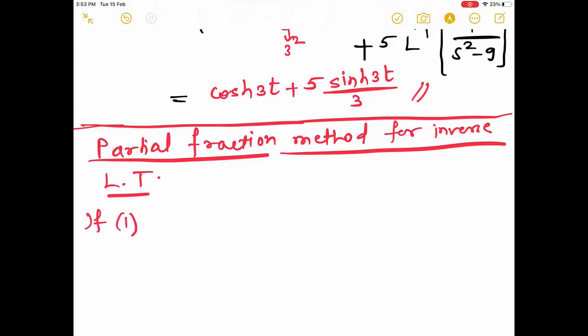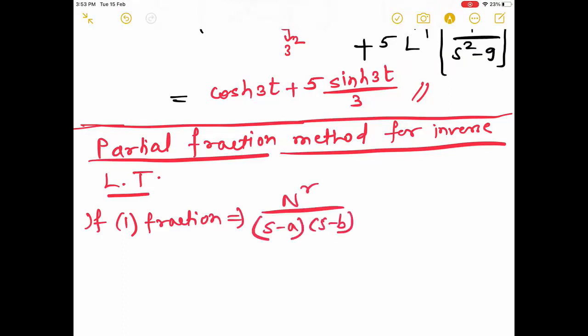If the fraction has the factors s minus a and s minus b in the denominator, it can be written as A upon s minus a plus B upon s minus b.